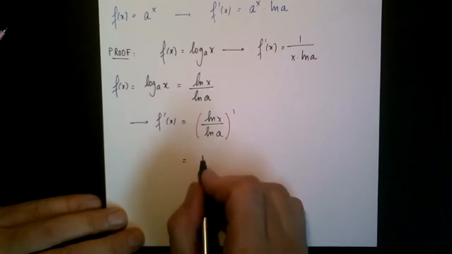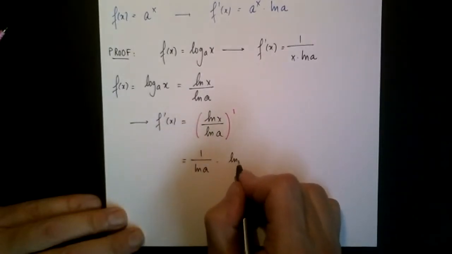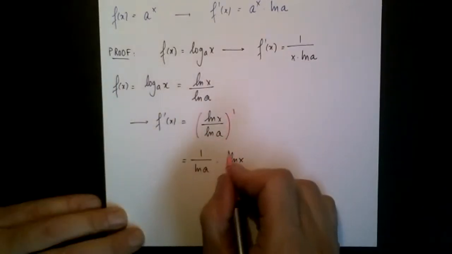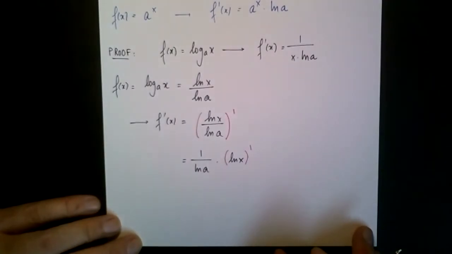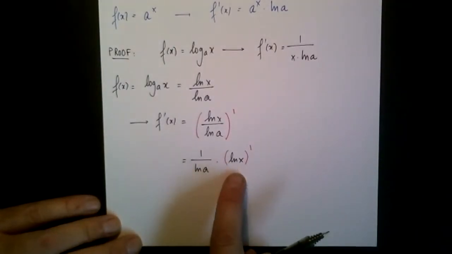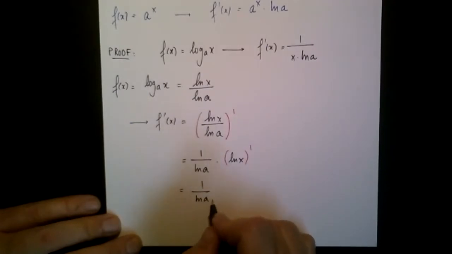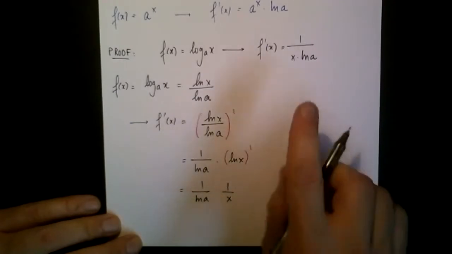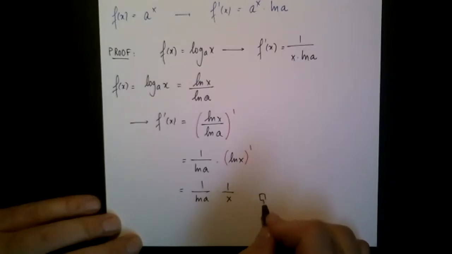So it's 1 over ln a times the derivative of ln x, and we just showed yesterday that this is 1 over x. So this is 1 over ln a times 1 over x, and that's our proof. It's done. That was a very easy proof once we proved that the derivative of ln of x is 1 over x.